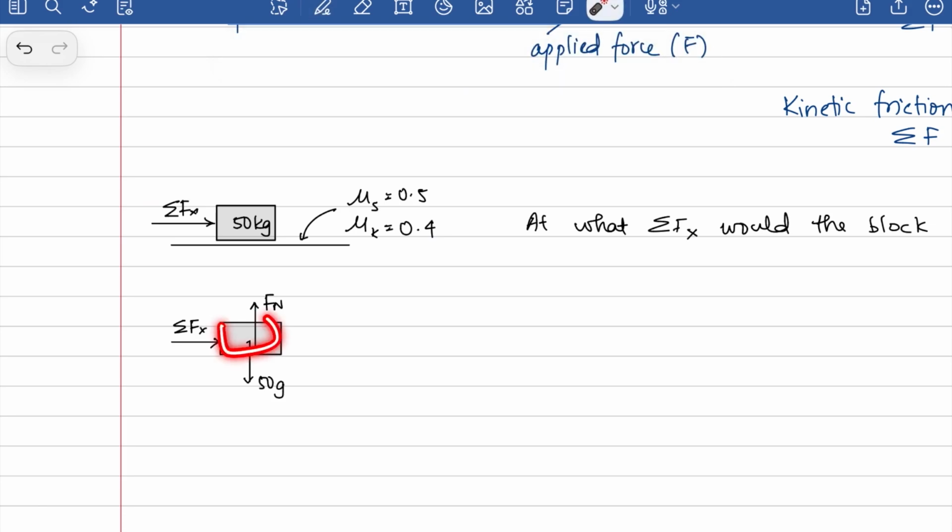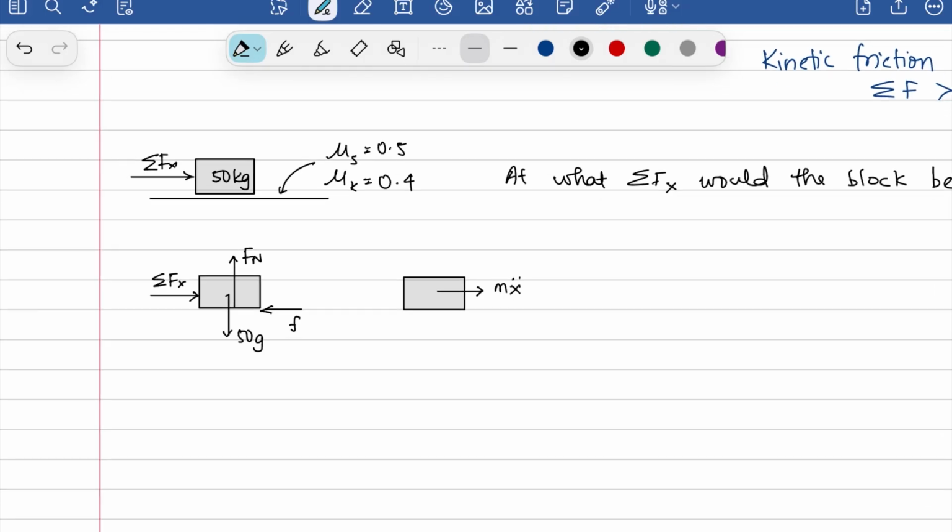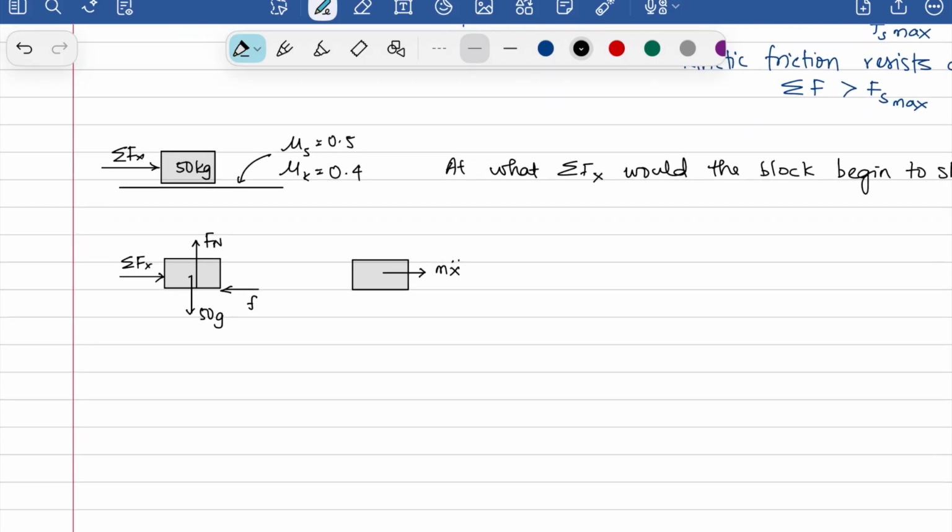We know that this block has a tendency to move to the right, which means that I would have friction acting in this way, given this F here. It's a free body diagram, and then here we have the kinetic diagram with m x double dot in this way, wherein m is 50, so I can write that as 50 x double dot.